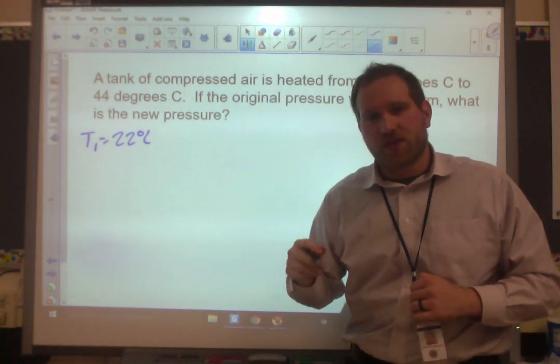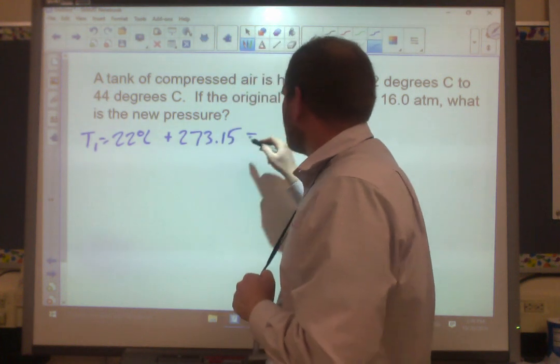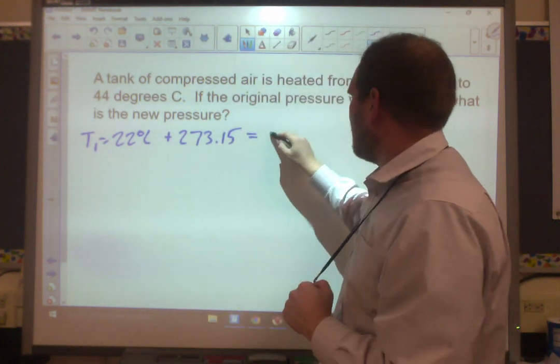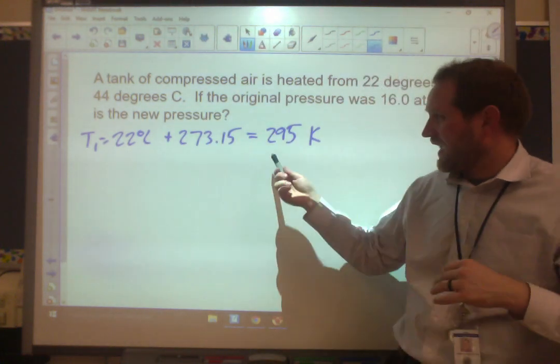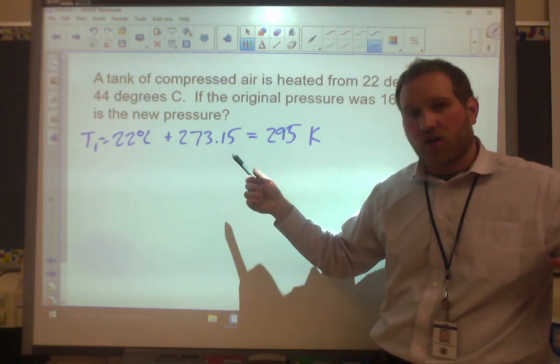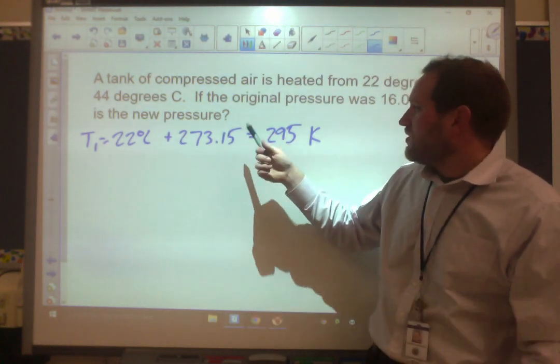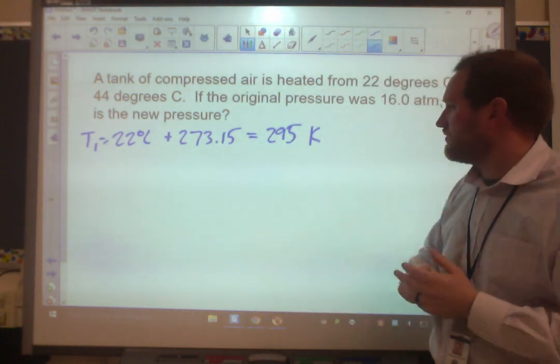If we add 273.15 to that, that's going to give us 295. And I'm going to leave it right there as 295, because technically your calculator is going to say 295.15, but that 0.15 is going to get cut off if you follow the addition rules. We look at 0 decimal places here, 2 decimal places here, so 0 here.